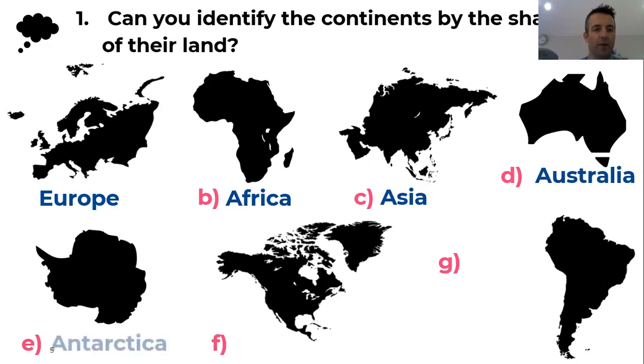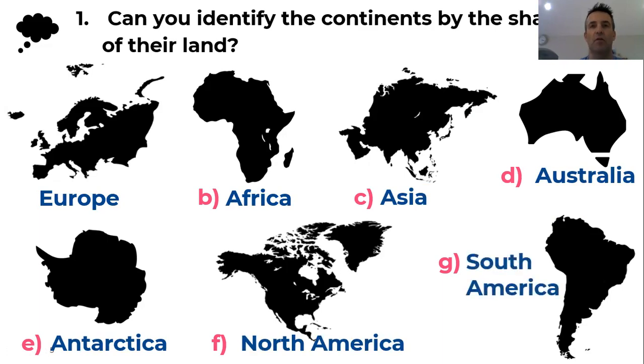E, Antarctica, the one that looks a little bit different. F, North America. And the last one, G, is South America. Well done, South America. And that's the one that has what country? Brazil. Okay, well done if you got those. If you want to pause the video now to write down any that you missed, you can do.